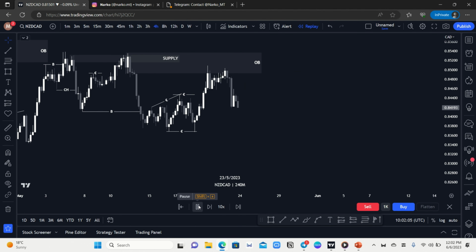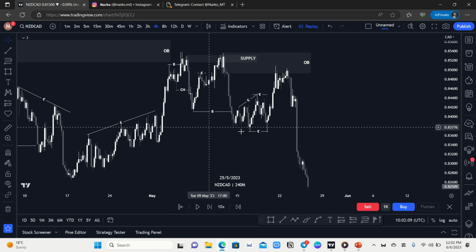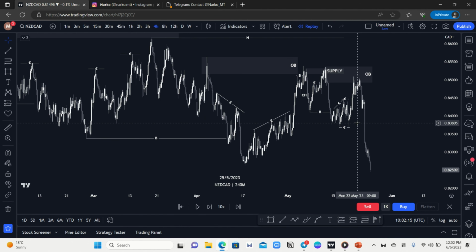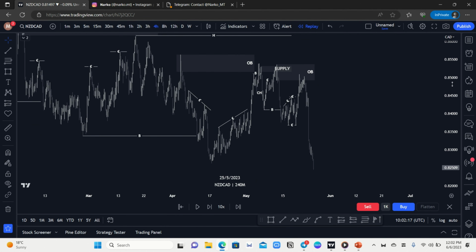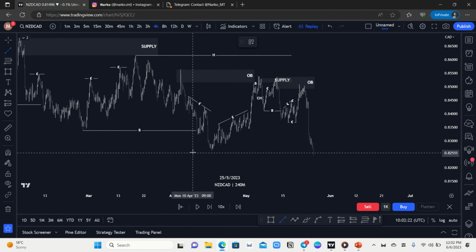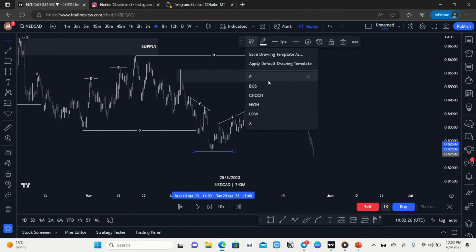Okay, so now let's see what happens. As you can see, the price eventually sweeps out our equal relative lows there, and eventually price pushes to the downside to sweep out this external range liquidity here at this low here.